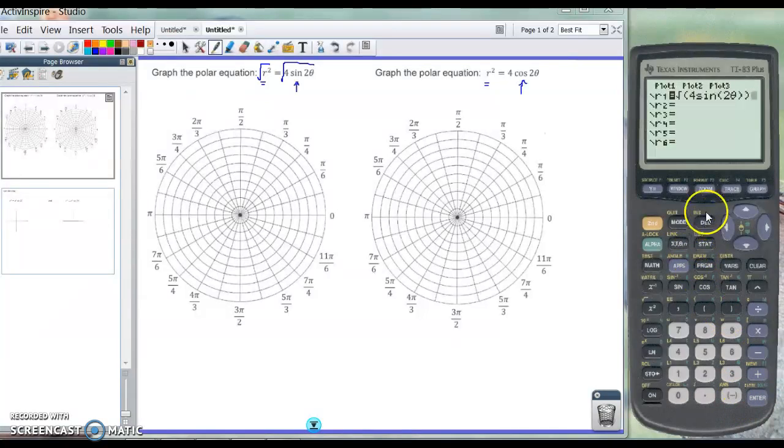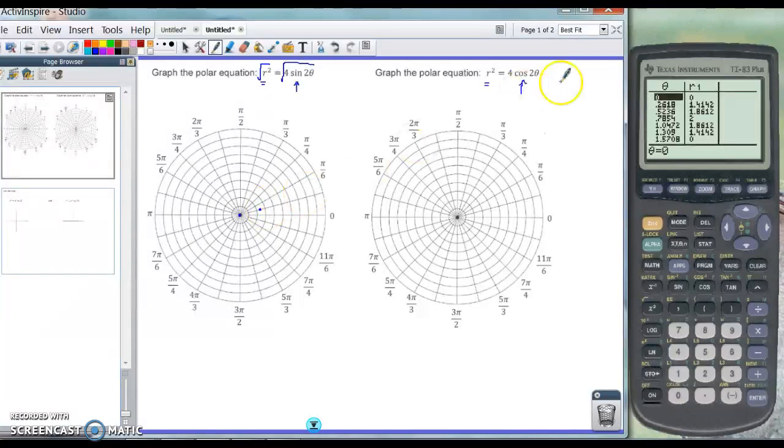And now if I hit second graph, that'll give me the table. And each of these values under theta is increments of pi over 12. So you'll see here we start at 0, 0. And then at pi over 12 we're at 1.4. So we're right about here. At 0.52, that's pi over 6.